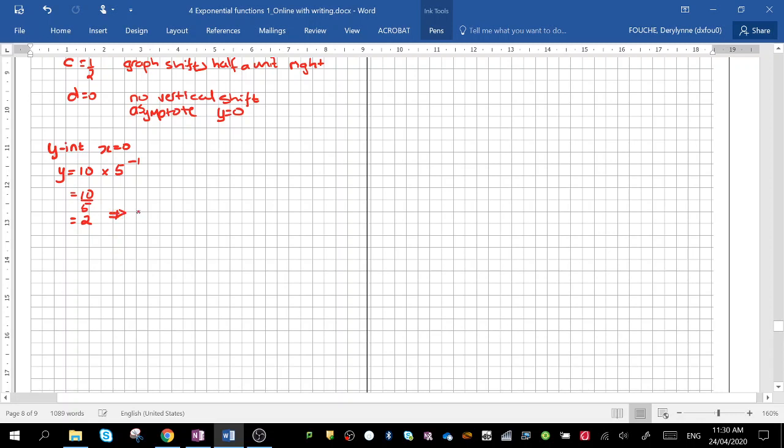So that means that my y-intercept will be happening at 0, 2. Now close your eyes and imagine the shape of this graph. We know that it is not reflected about the x-axis and it's not reflected about the y-axis. That means that there will be no x-intercepts. So we need another point.